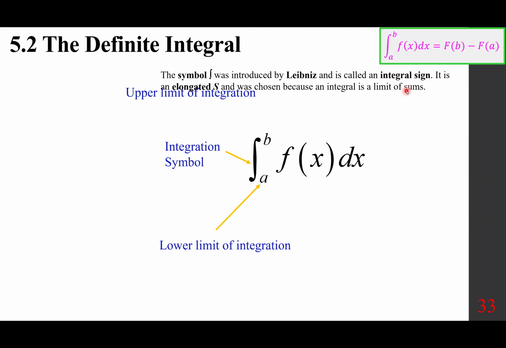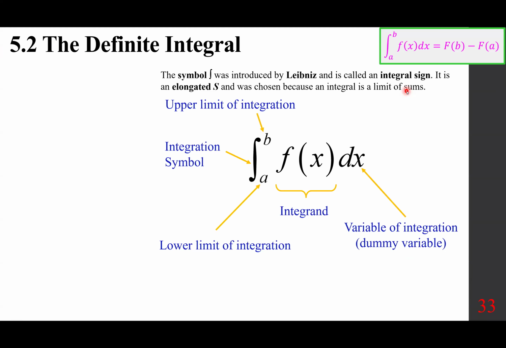Lower limit of integration, upper limit of integration. Integrand. Variable of integration, also known as the dummy variable, because it has no effect when we want to calculate this, which is a number, class.